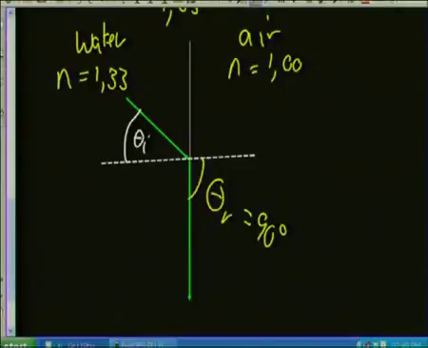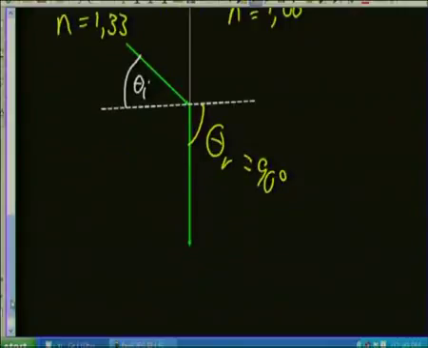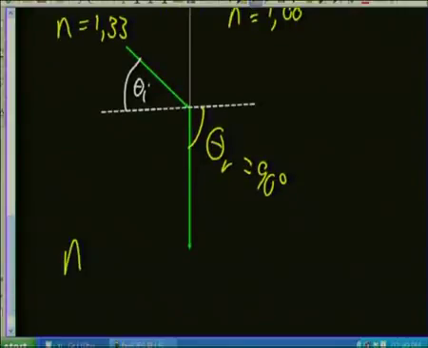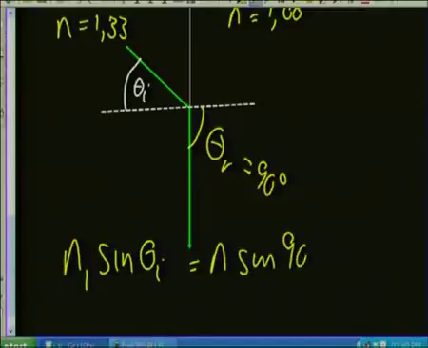That's this angle here. So that's what we're trying to establish. And I hope you can see that that's nothing more than a Snell's law calculation. So we're going to say we want to find sine theta incident when the angle of refraction for air is going to be 90 degrees.